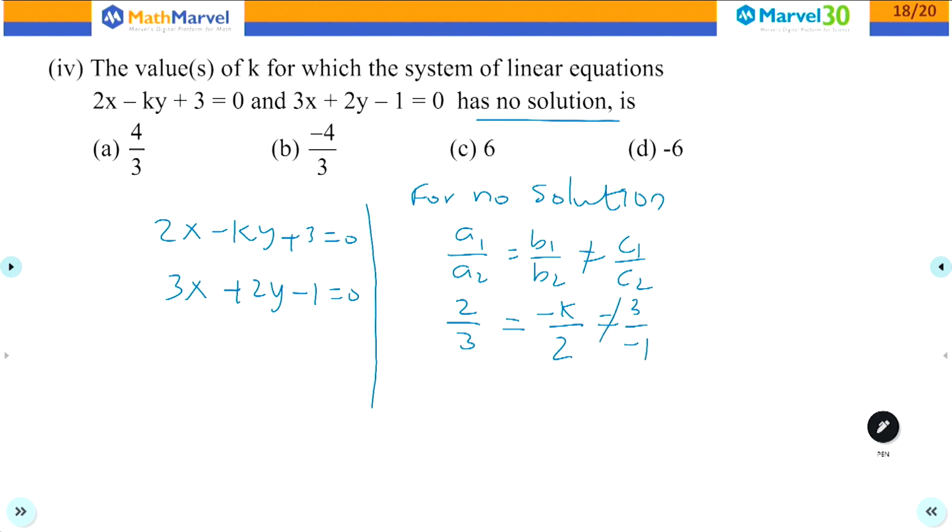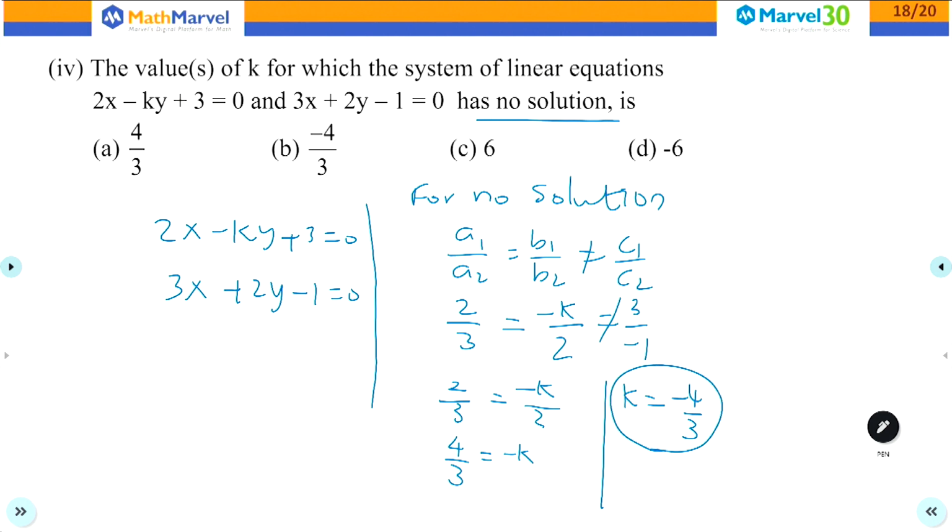Now compare the first and third values: 2 by 3 not equal to 3 by minus 1. The first and third values are not equal and hence the first and second values are equal. Taking these two expressions, 2 by 3 equal to minus k by 2. So 4 by 3 equal to minus k and hence k equal to minus 4 by 3.